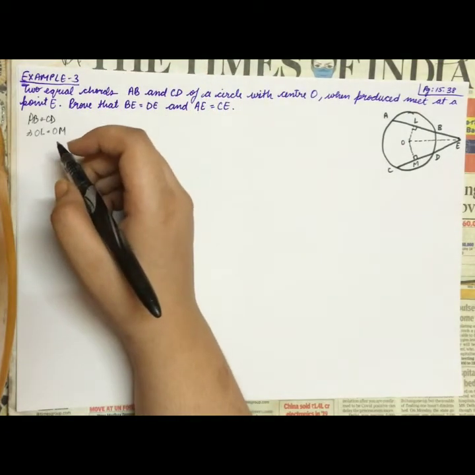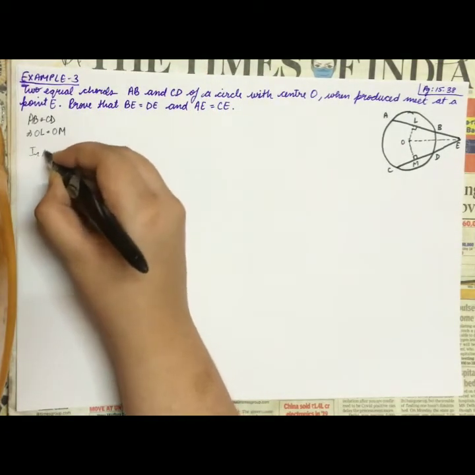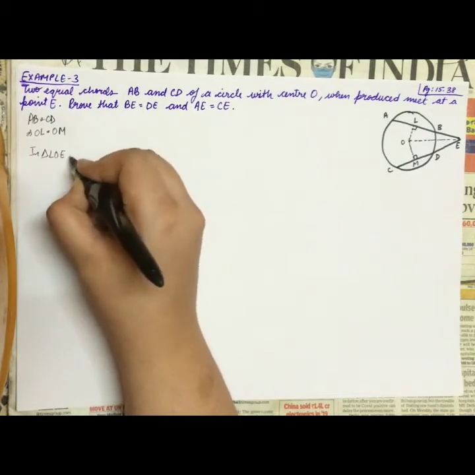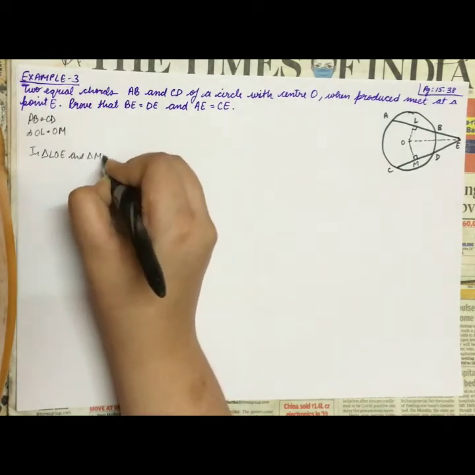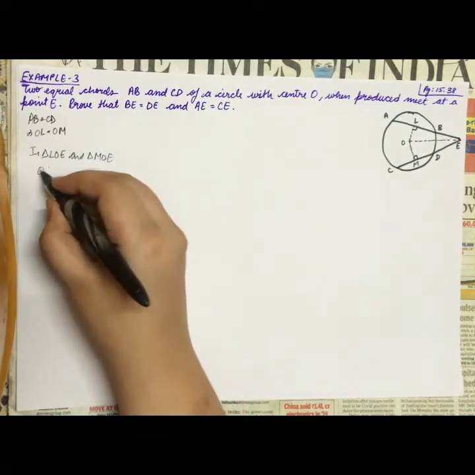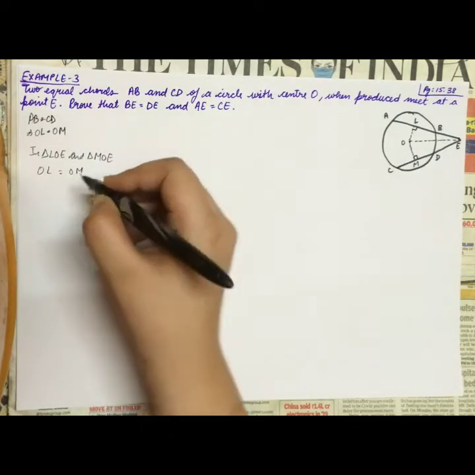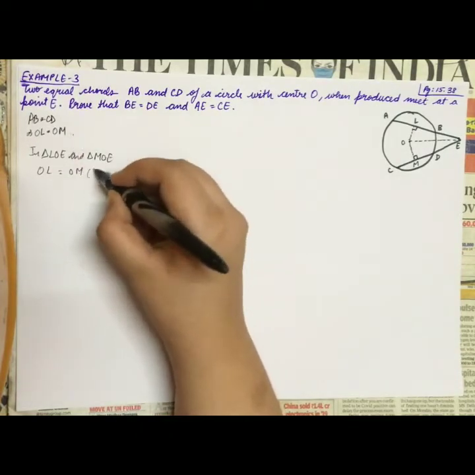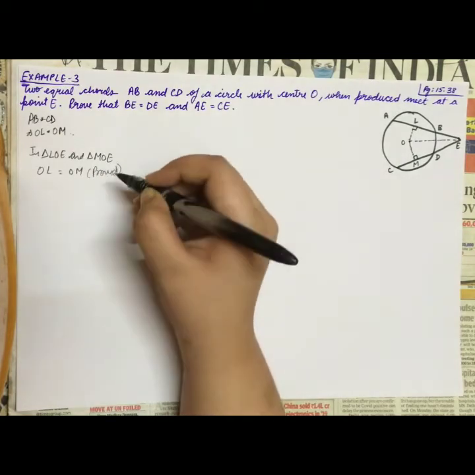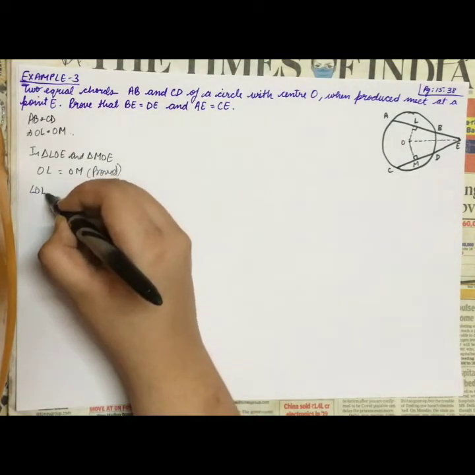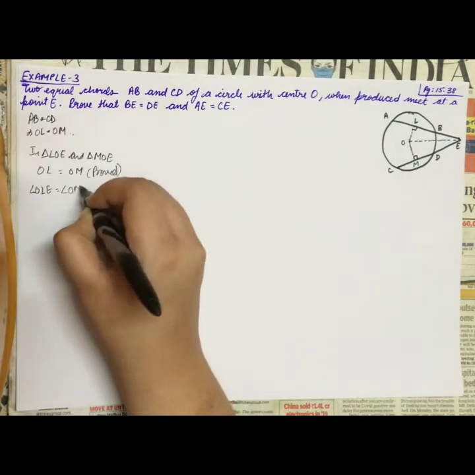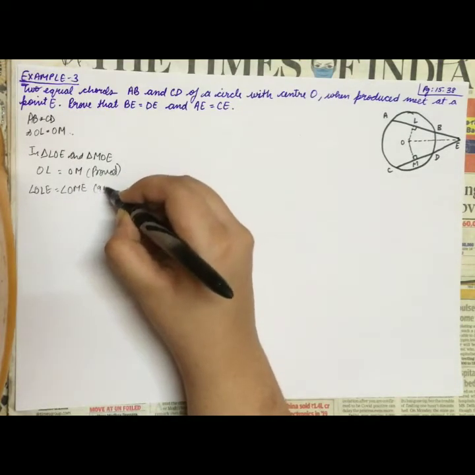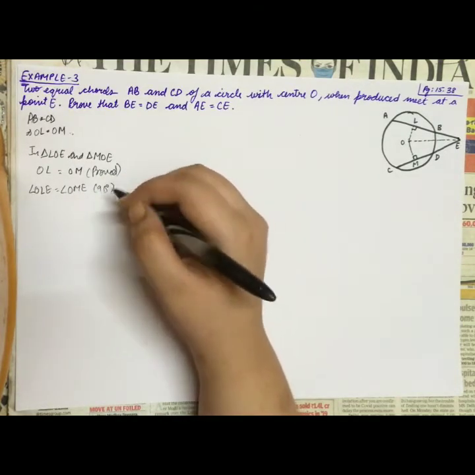So now in triangle LOE and triangle MOE, OL is equal to OM, which we have proved above. Angle OLE is equal to angle OME, as they both are 90 degrees by construction.